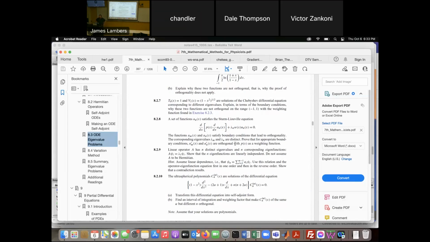Since u_m and u_n, not differentiated, are orthogonal with respect to the standard scalar product, one thing you can use is that the scalar product of u_m of x times u_n of x without the p of x is 0, but that doesn't necessarily help you.